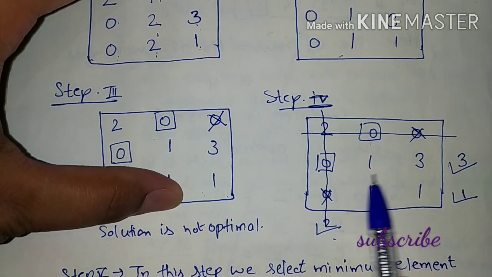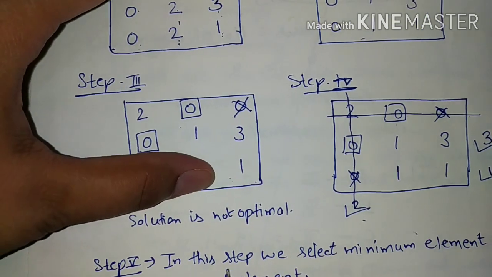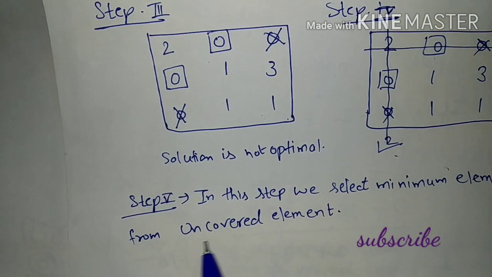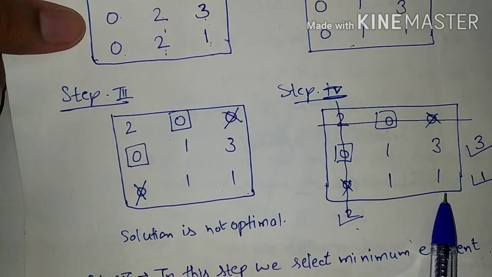Uncovered elements are 1 3 1 1. So in this step we select minimum element from uncovered element, which is 1.